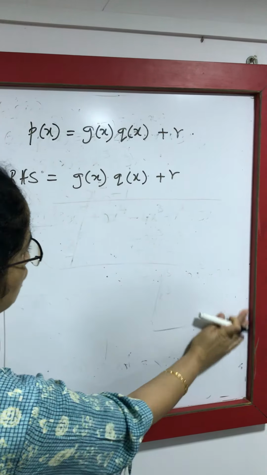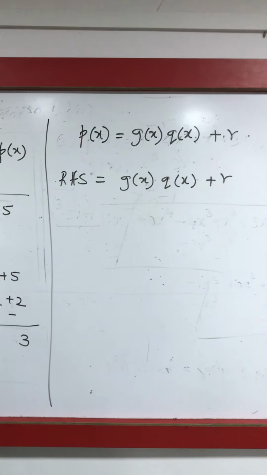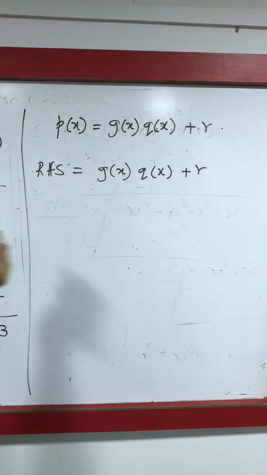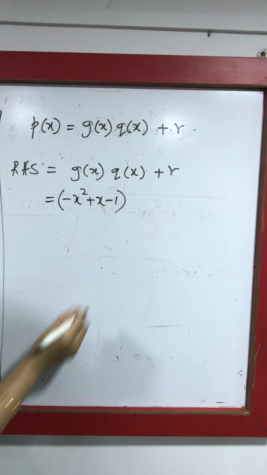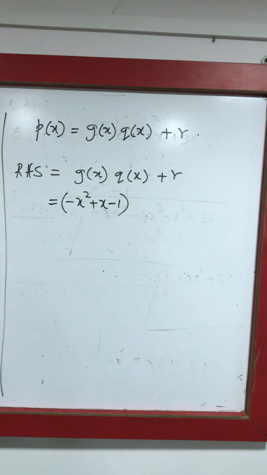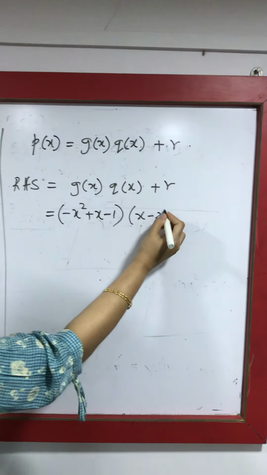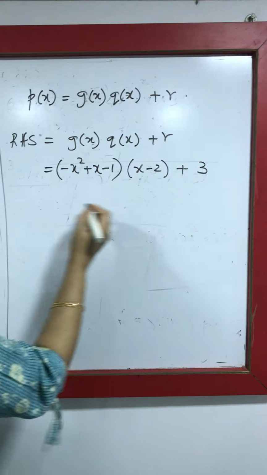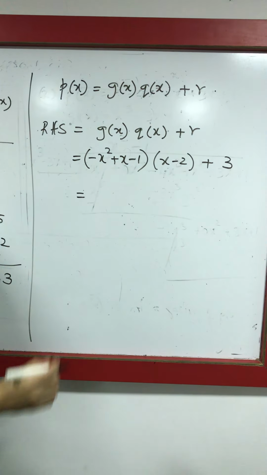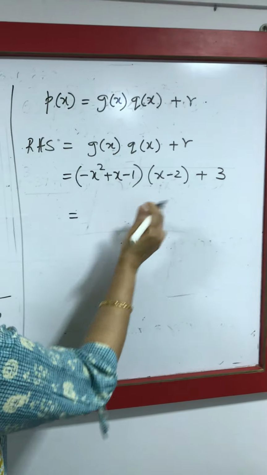We substitute the values. The value of Gx in standard form is minus x square plus x minus 1. Qx is x minus 2 and remainder is plus 3. To solve, we will now multiply x square with both the terms.